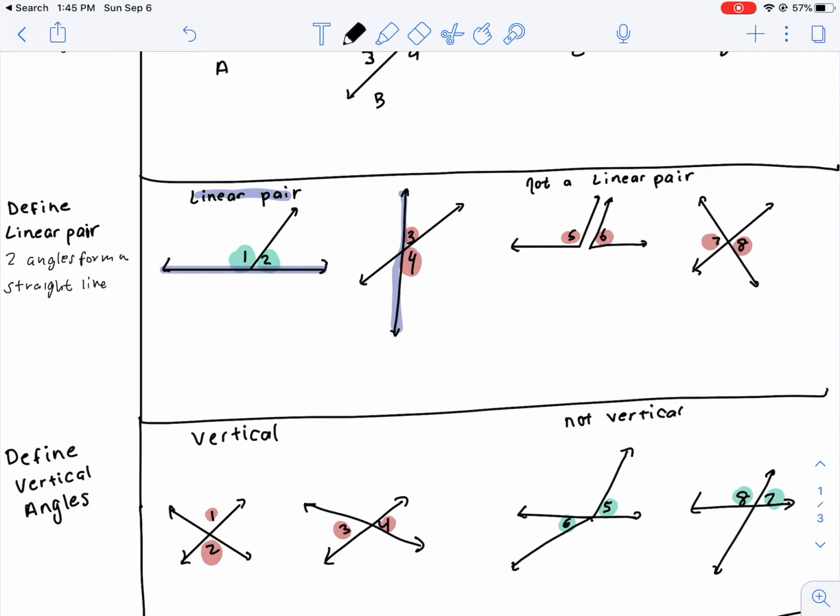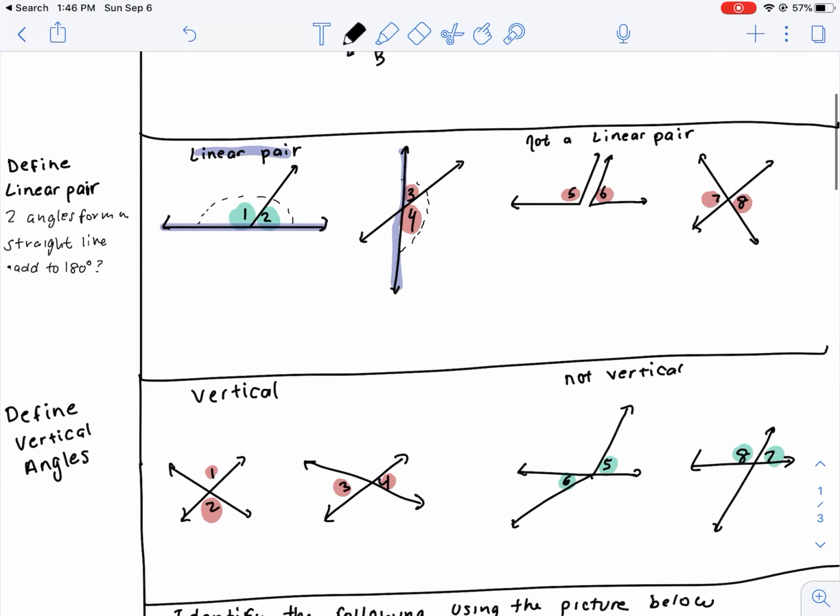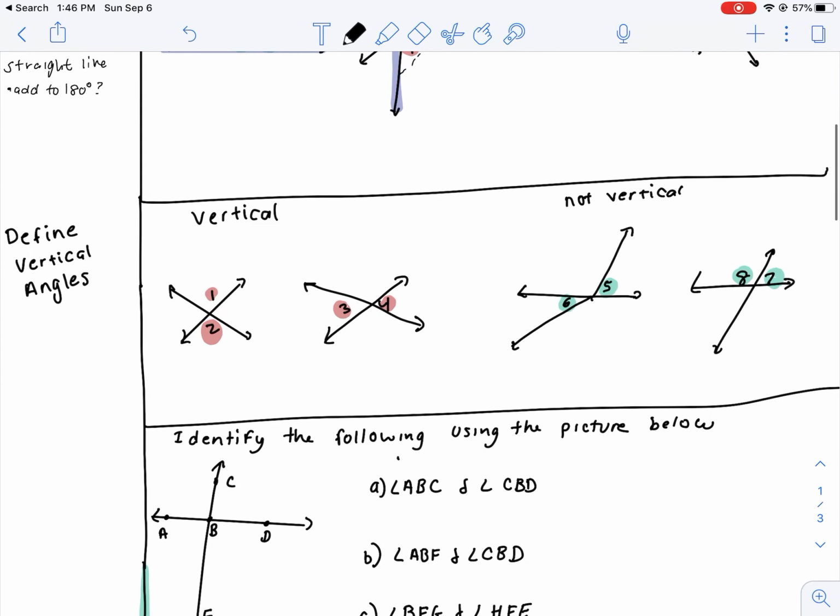Now, what do you suspect is the relationship between those two angles? Well, it looks like they form half a circle, which means they probably add to 180 degrees. That's just my idea. We'll just write it down for right now and see. Okay?